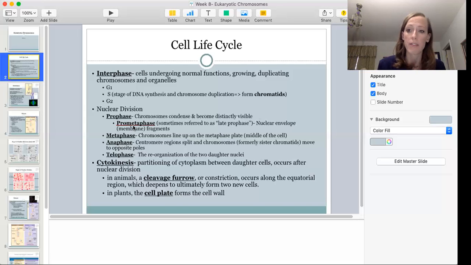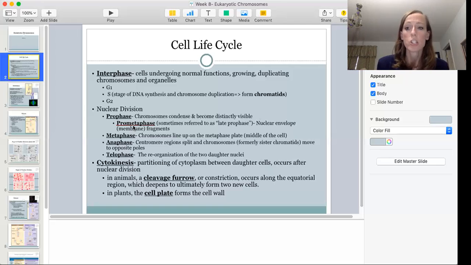And then prometaphase is distinguished from prophase in that now the nuclear membrane, or the nuclear envelope, that had contained all that material in the nucleus has started to break down, has started to be disrupted and fragmented, so that the chromosomes, which are held within the nucleus, can migrate to the different sides of the cell in preparation for the division into two daughter cells.